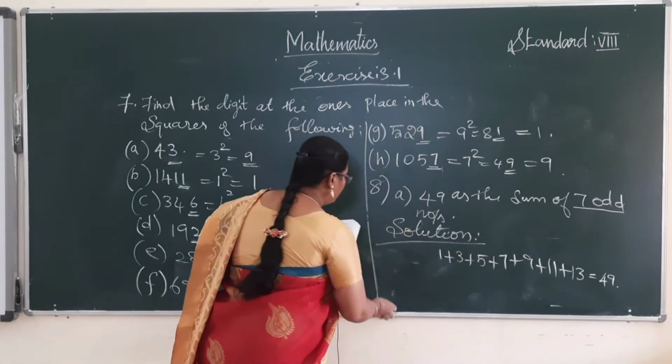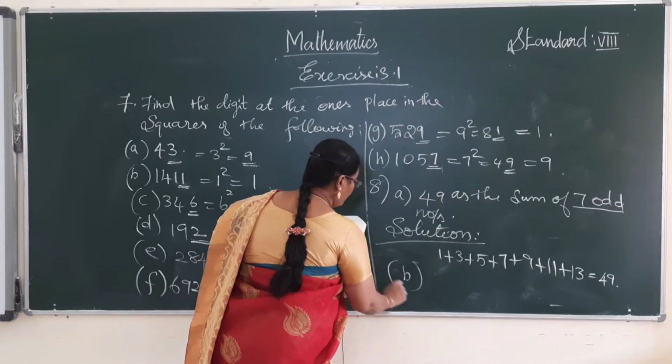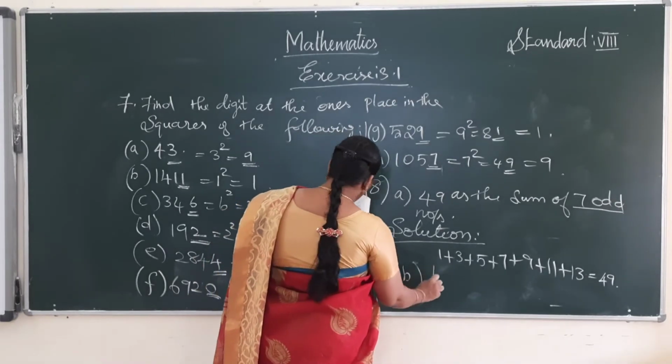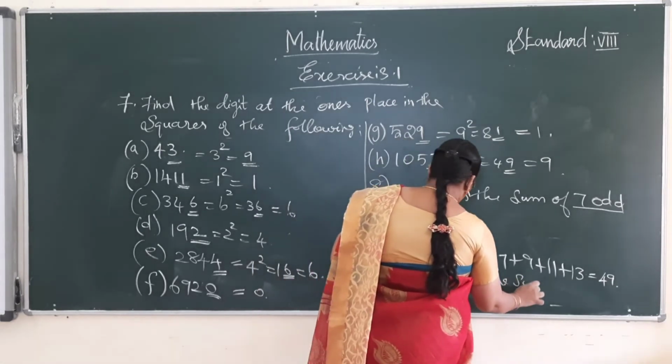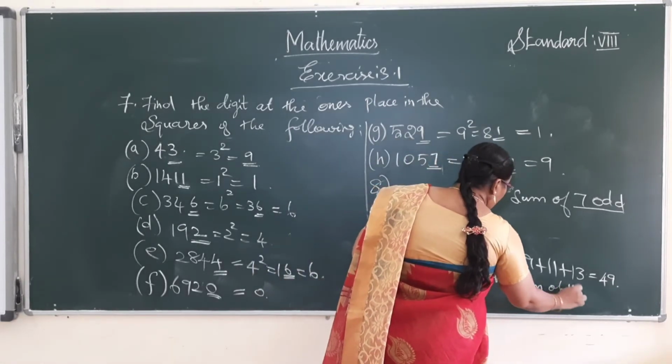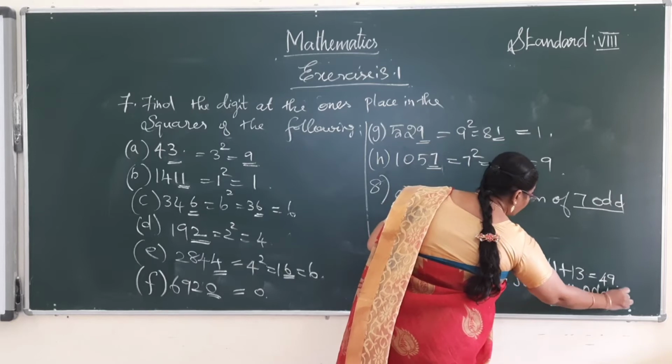And next one, B, easiest one. 121 as the sum of 11 odd numbers.